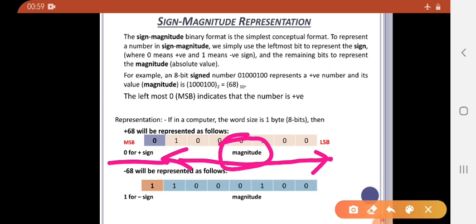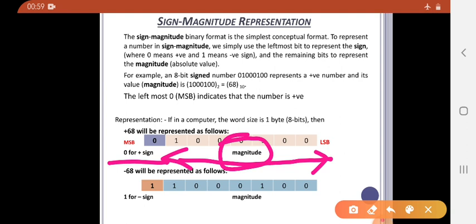So keep in mind, the value present at the first position will be your sign. Here 0 is the value, so it is a positive number. Now let us check it with a negative value.